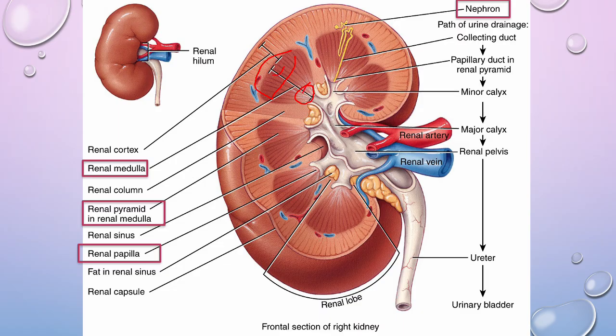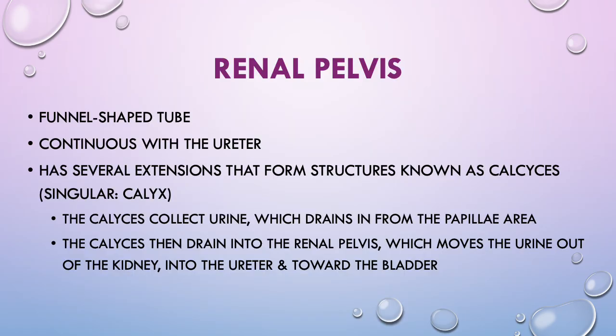Base, renal papilla, okay? So then we have the renal pelvis. That is the funnel shape, and this is going to turn later into the ureter. So going inside the kidney, this renal pelvis is going to project in little cups, okay, known as calyces.